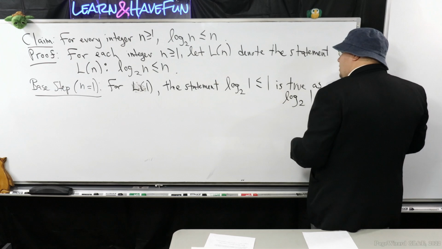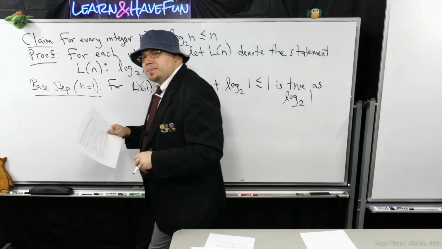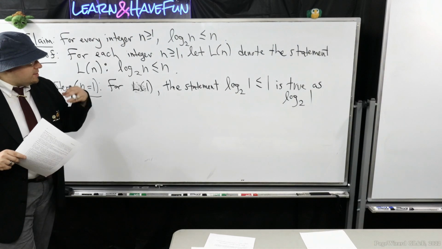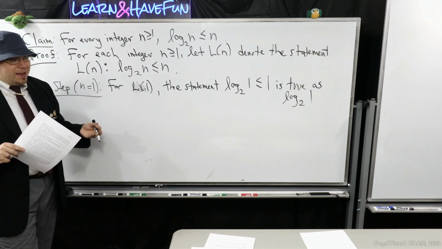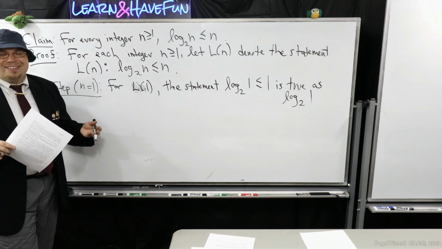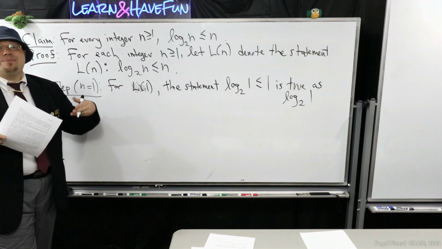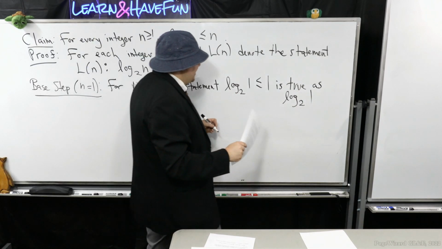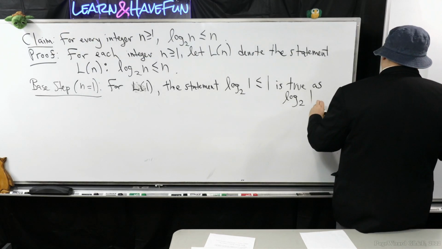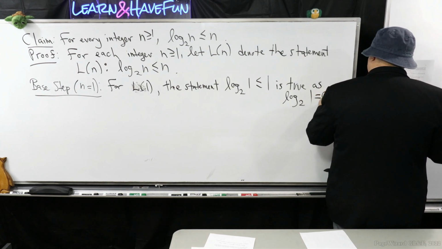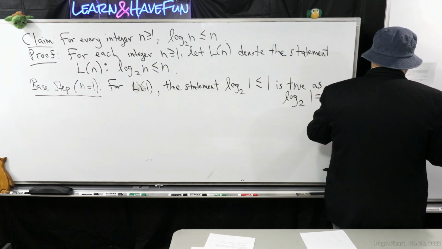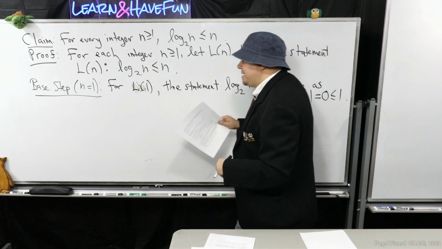Okay, let's think about what log base 2 of 1 would be. If I have 2 to the something is equal to 1, what does the exponent have to be? It has to be 0. So this is equal to 0, which is in fact less than or equal to 1, right? So that's the base step.